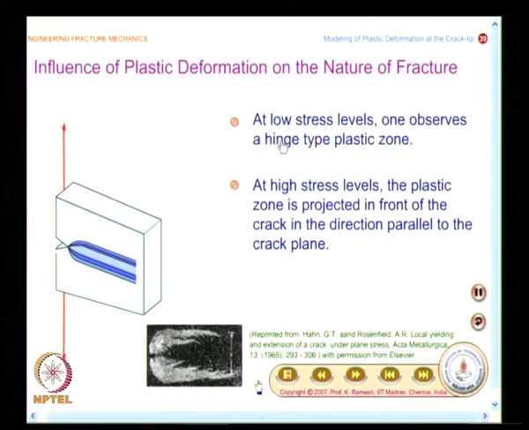And what is summarized here is, at low stress levels one observes a hinge type plastic zone. So, that is what happens near the crack tip. At high stress levels, the plastic zone is projected in front of the crack in the direction parallel to the crack plane.